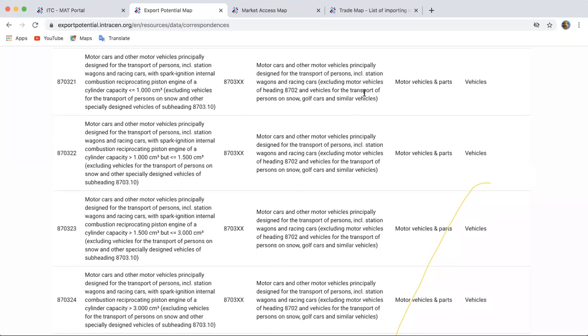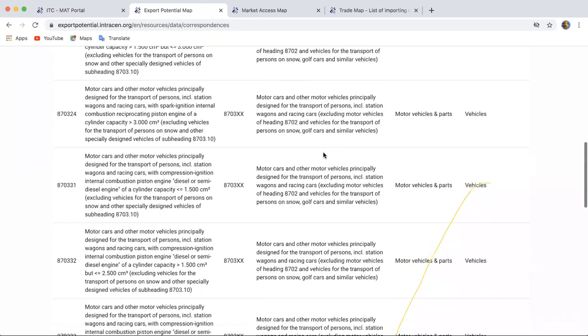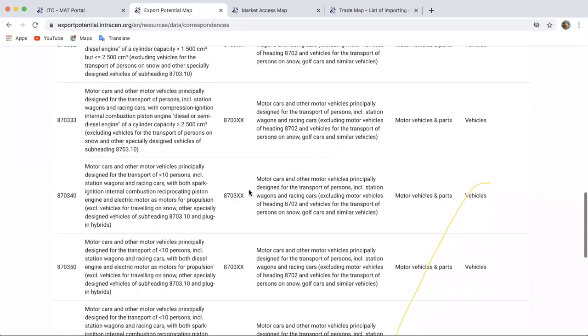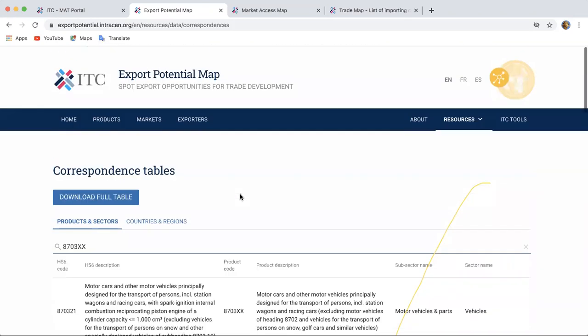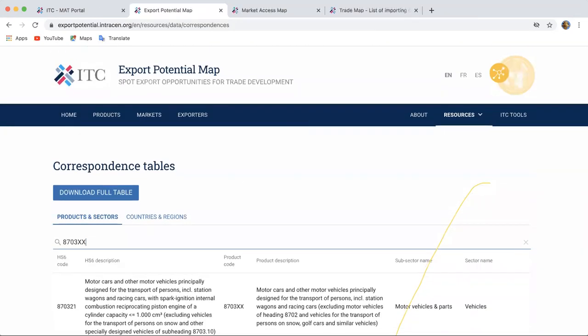There are sometimes very small differences why these have a separate HS6 code. But in this case, for the analysis, it was necessary to combine them. So you can always go back to what these codes actually mean there. It is very specific to a different product.